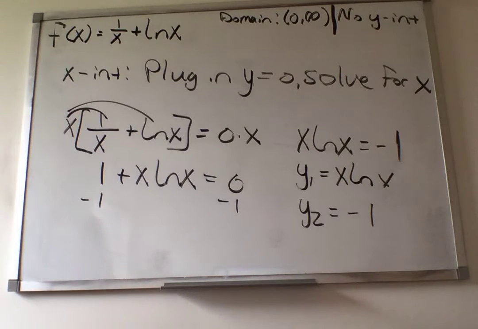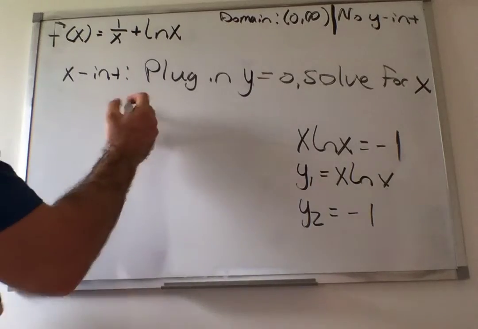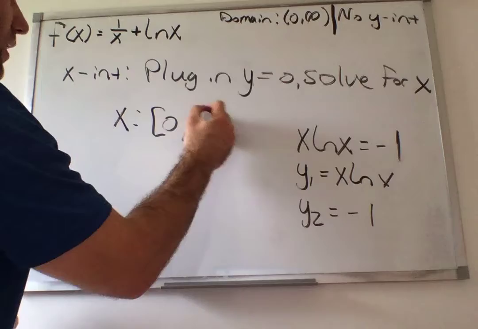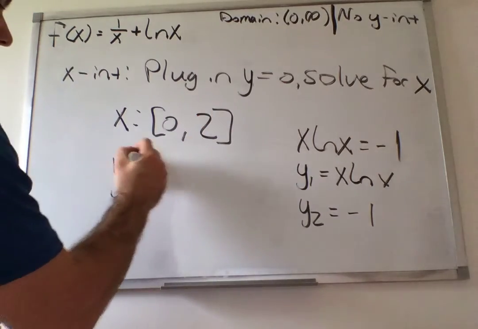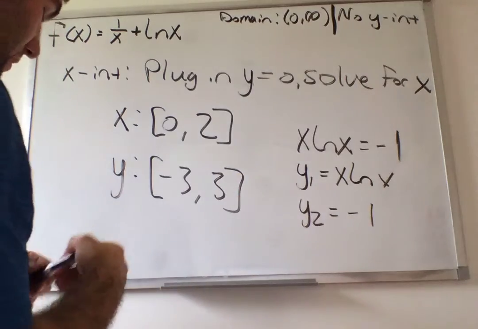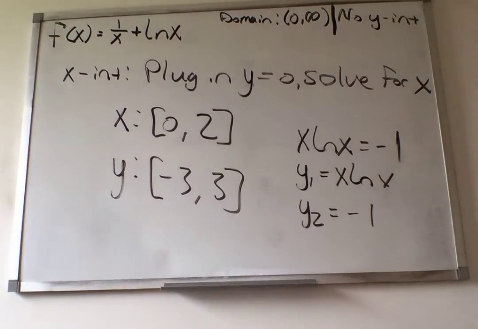Then I'm going to look at the graphs. I do change my window a little bit. In the x direction, I'm going from 0 to 2, and in the y direction, I'm going from -3 to 3. That's just so I can get a good, clear visual of the graph.